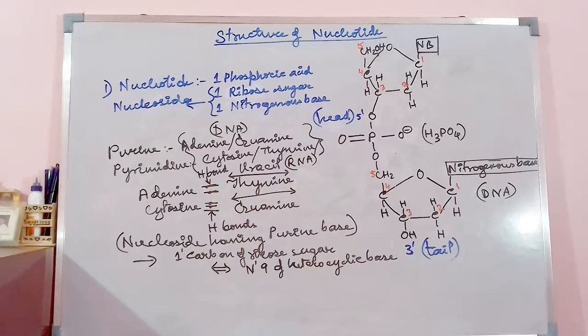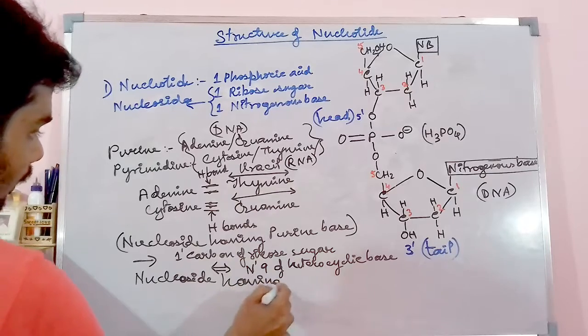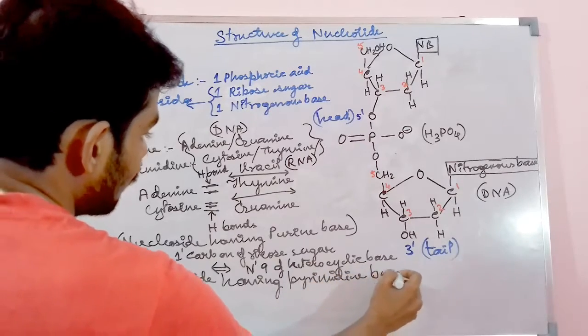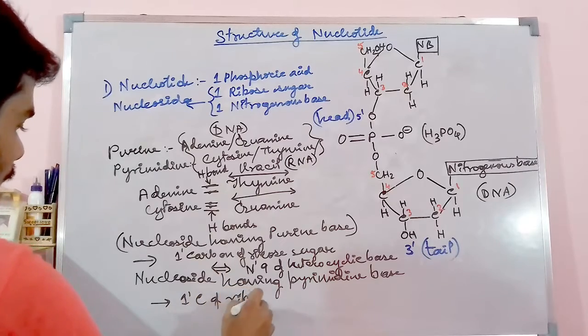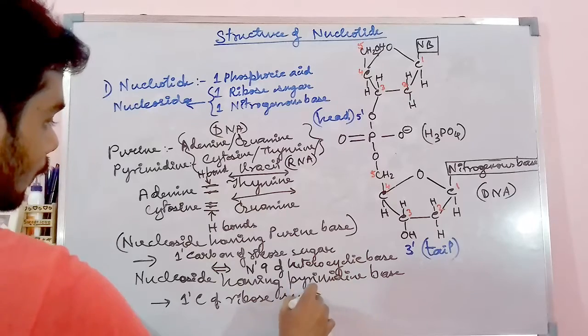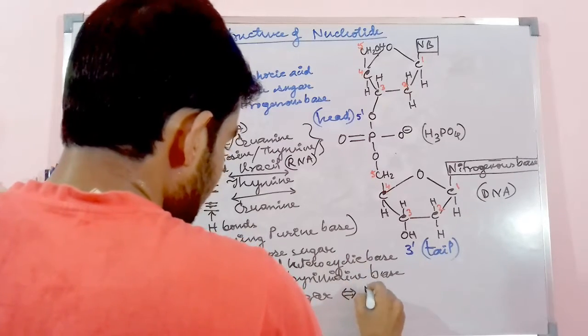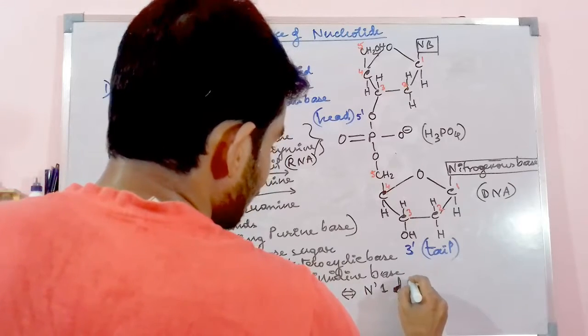And in case of the pyrimidine nucleotides, if we consider the same thing, the nucleoside having a pyrimidine base, here the first carbon of the ribose sugar bonds with the nitrogen present at N1 of the heterocyclic base.